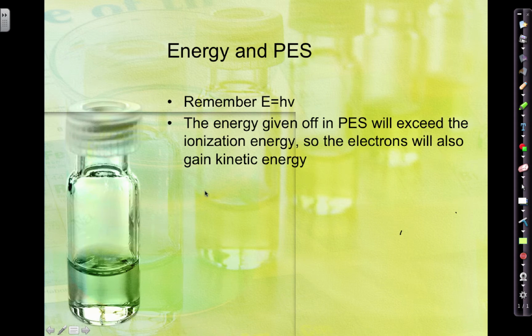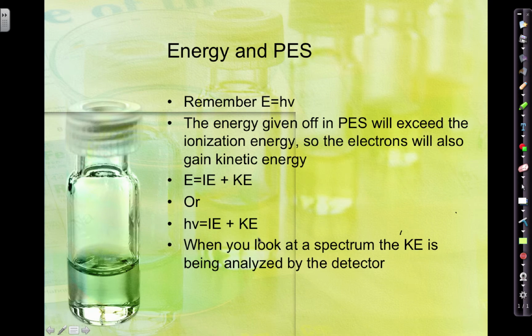So these electrons also gain some kinetic energy, movement energy. And basically your energy is equal to the ionization energy required to pull them off plus the kinetic energy required to get them moving. Or you could rewrite it like this. Don't think you're going to have to do anything with that information, but it's worth looking at.